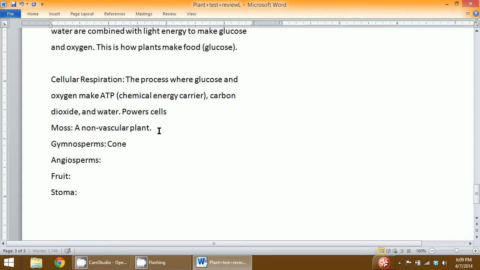Gymnosperms are cone-bearing plants, which is a type of seed plant. So pine cones are gymnosperms. Angiosperms are flowering plants, which is a type of seed plant.